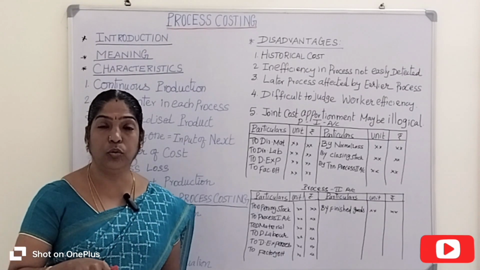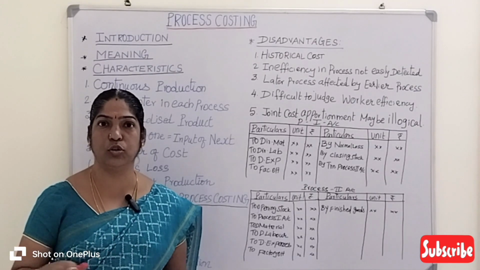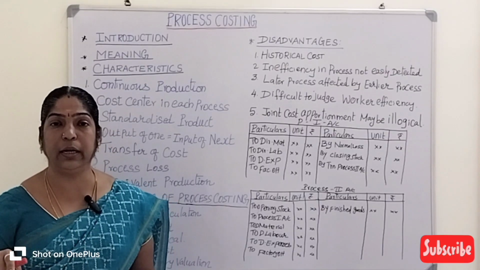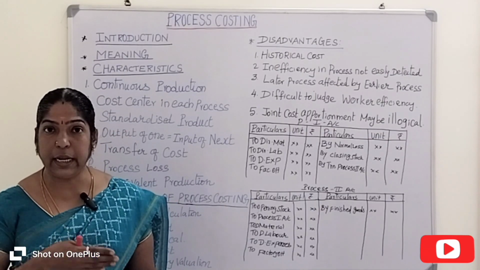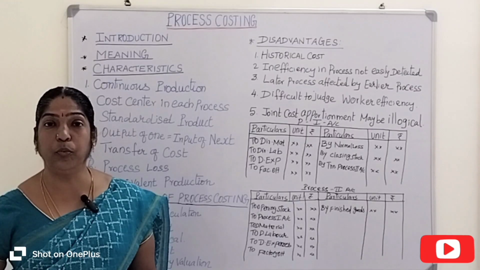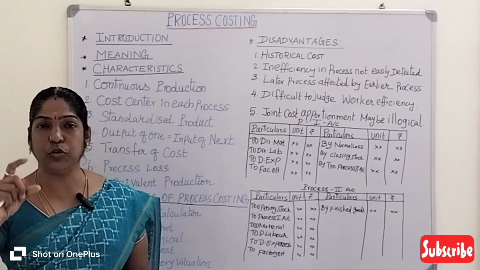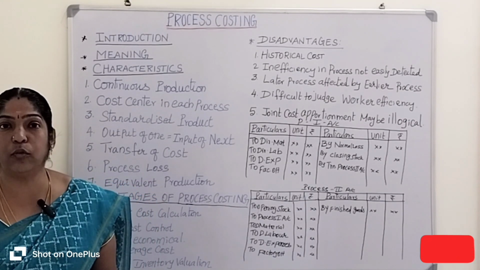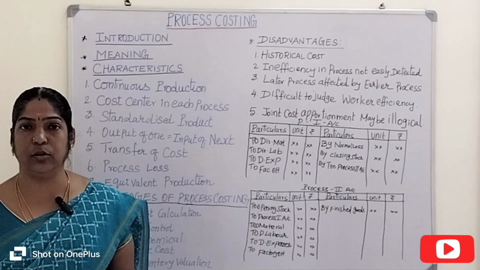In process 2, the sugar juice purifying process goes on. After purifying, after the work is done, what happened? At the end of process 2, the output is clean, pure juice. At the end of the process, what is the output we got? Pure juice or cleaned sugar juice.